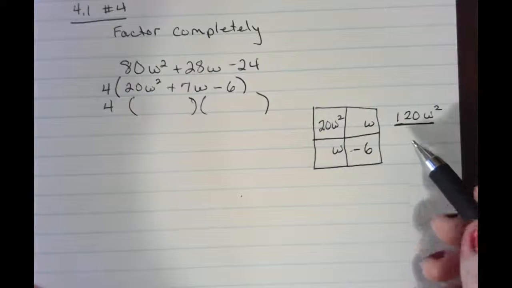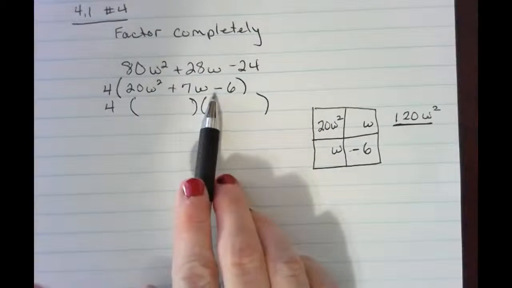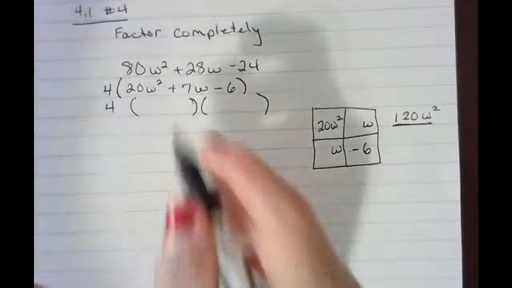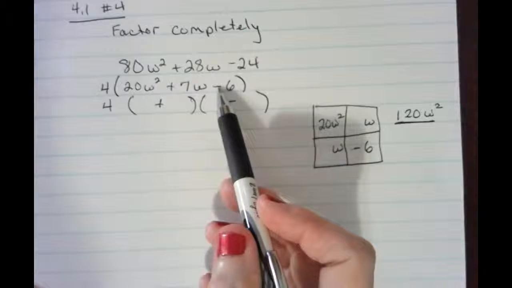And so since this is a negative, my last term's a negative, I know I've got to have one sign of each. I've got to have a plus and a minus. Otherwise, there's no way I can get a negative here.